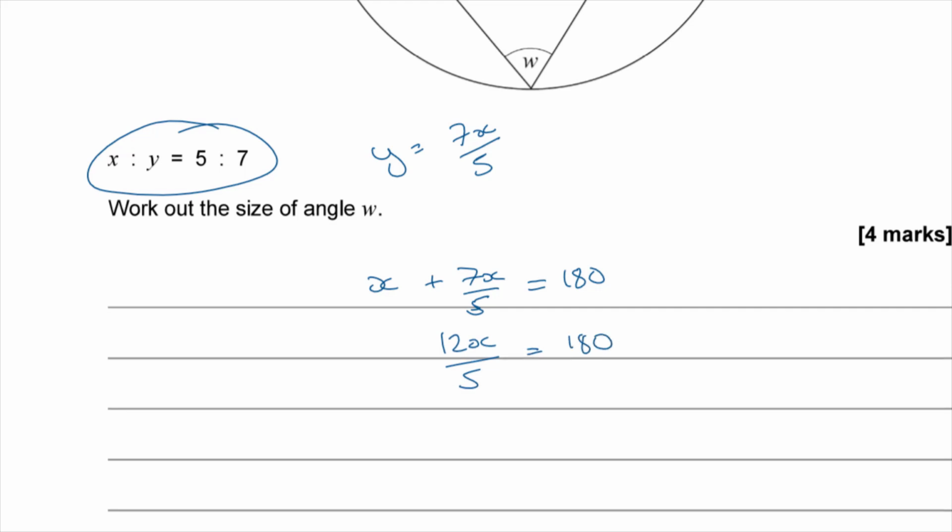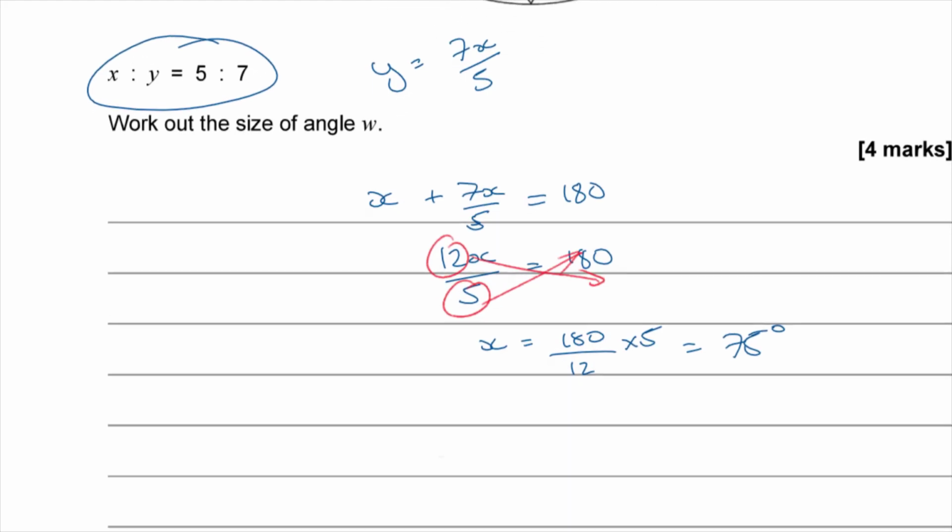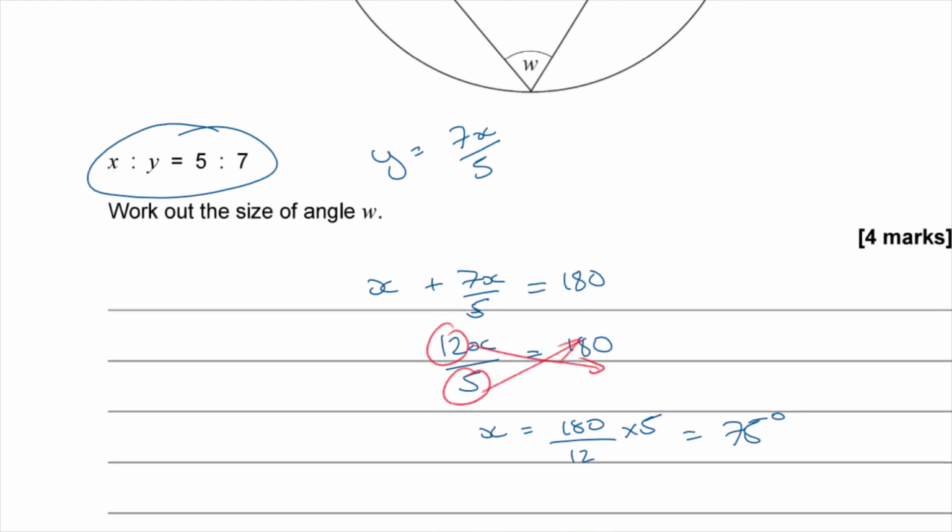So 12x over 5 is equal to 180. So dividing 180 by 12, 12 into 180 goes 15 times, and then times that by 5. So x equals 15 times 5, which is 75, isn't it? So x is 75.